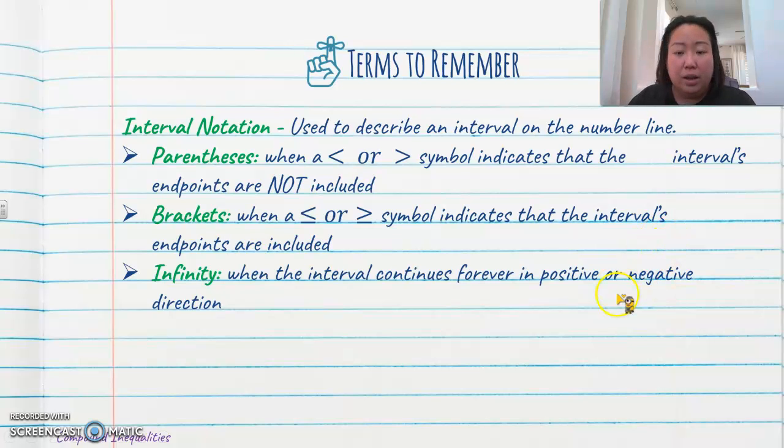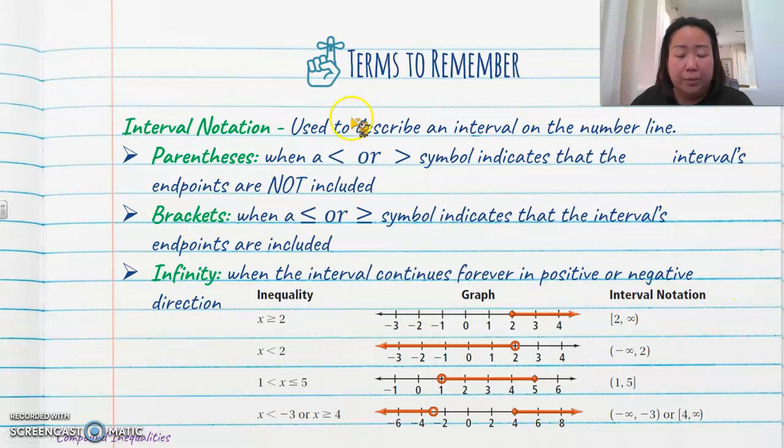So how does this look like? I'm going to show you some examples here, okay? If you take a look at this particular example, the first one we have is x is greater than or equal to 2. In graph form, this is how it would look. Now in interval notation, you would see that it's greater than or equal to 2. There will be a graph on the left, either a hollow dot or a solid dot, and it will be pointing to the right, correct?